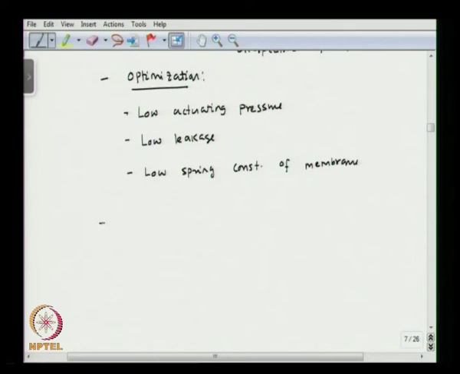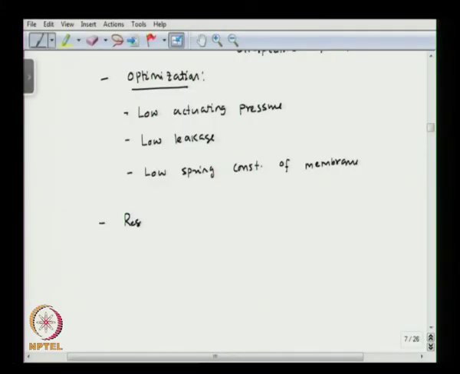Now, since we are controlling the microvalve or the membrane actuation using an external supply, the response time of the microvalve would depend on how the control is happening for the external supply. So, the response time would depend on the external switching device.